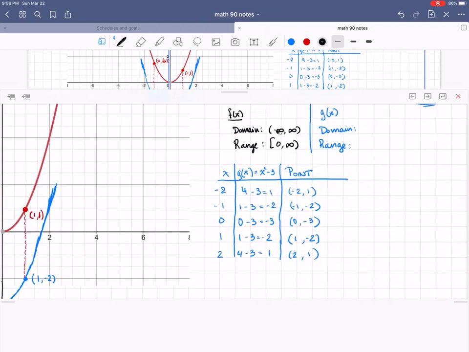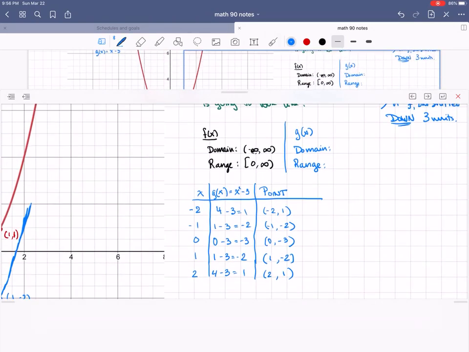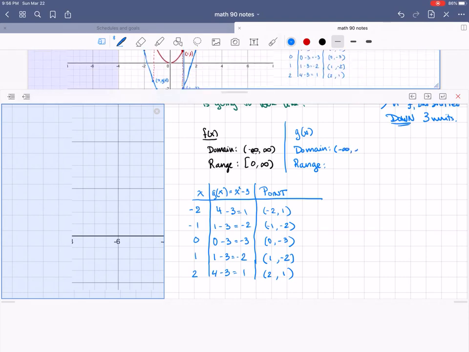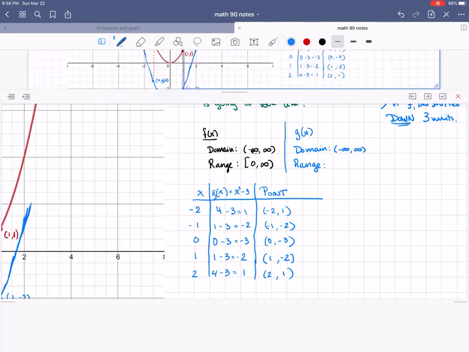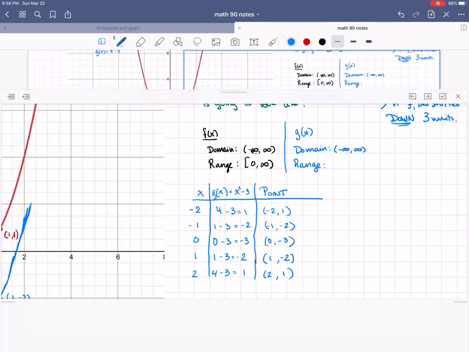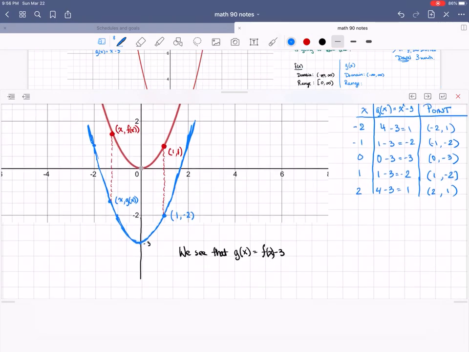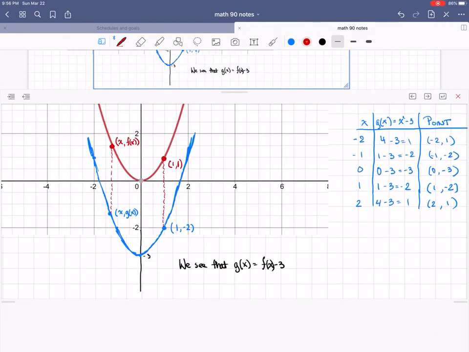All right, let's really quickly talk about domain and range. So again, this transformation only affects outputs. It only affects y coordinates. So not surprisingly, the domain is the same as it was. Well, what about the range though? Again, the vertex of the original function, which is this point here, the lowest point, is the origin.